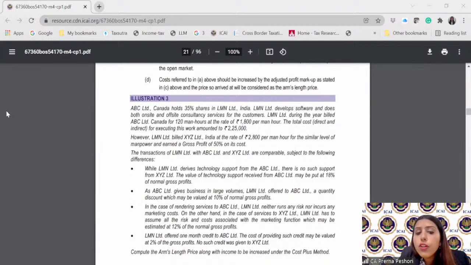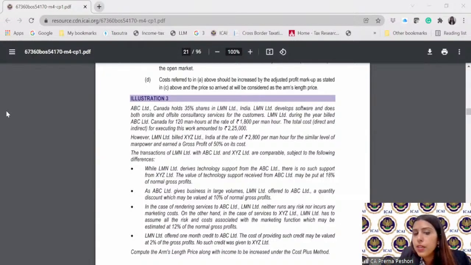LMN offered 1 month credit to ABC. Cost of providing such credit may be valued at 2% of gross profits. No such credit was given to XYZ.